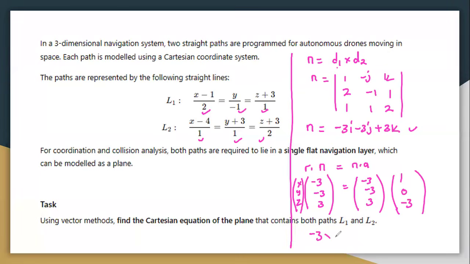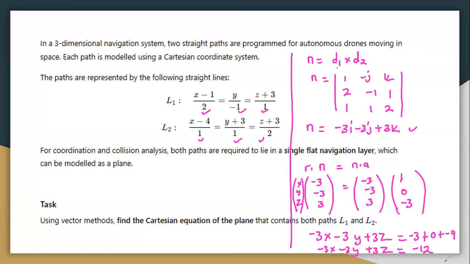So this will be -3x minus 3y plus 3z is equal to, then you multiply -3 times 1 is -3, plus 0 plus -9. So this will give us -3x minus 3y plus 3z is equal to -12.